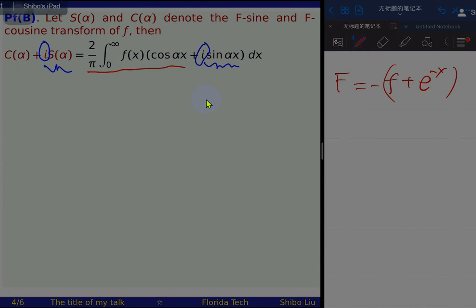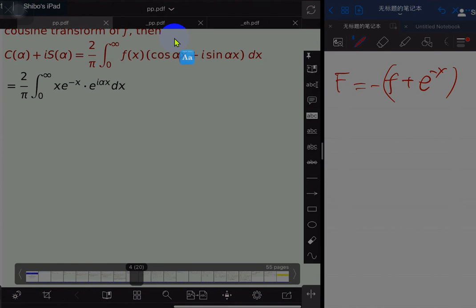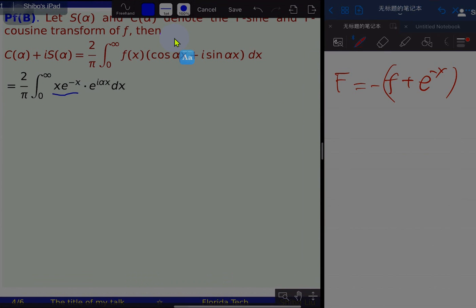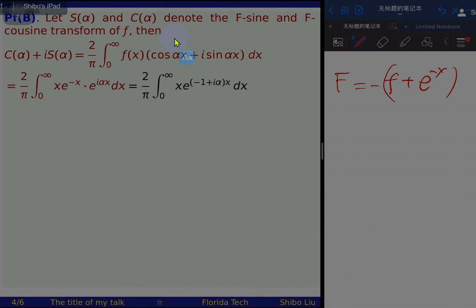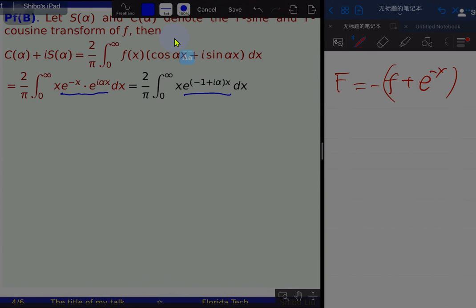Having obtained this equality, cosine alpha x plus i sine alpha x can be expressed in terms of an exponential. Our f(x) is x e to the minus x, and cosine alpha x plus i sine alpha x is e to the i alpha x. Then we can combine the two exponentials to get this exponential.